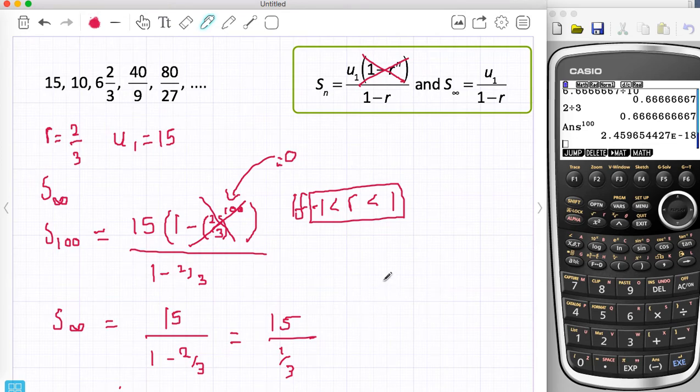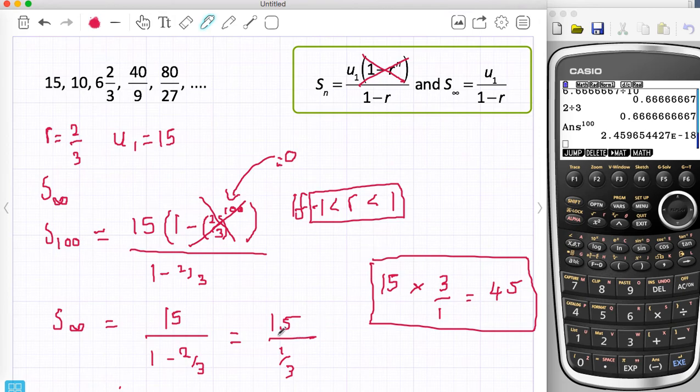It's not. It's 15 times, instead of divide, times, and I flip this over to make it 3/1, so it becomes 45. And that is a mistake I do see an awful lot. So don't do 15 divided by 3, make sure it's 15 times 3, or divided by 1/3.